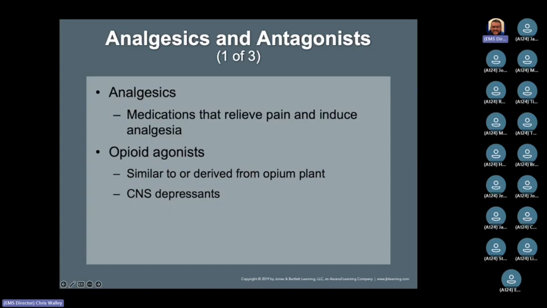Fentanyl is one of the most popular agonists because it is rapid acting and has a relatively short duration of action. So when I give somebody 50 mics, I'm not going to get the same reaction in a person that's 300 pounds versus 180 pounds.